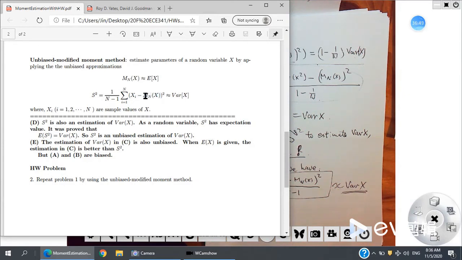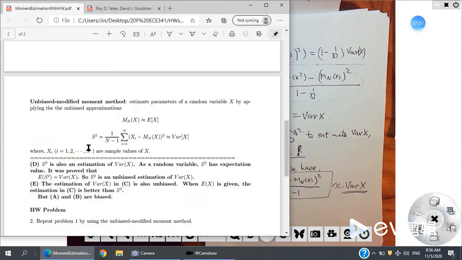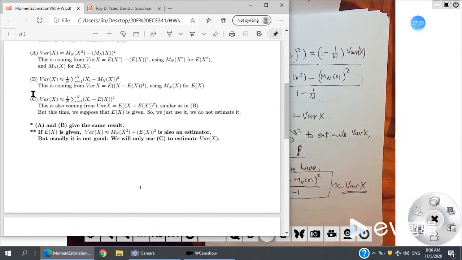If E of x is given, as I state here in part E, then we still do not use S squared. We will go back to use C. C is the last part. We use this one.